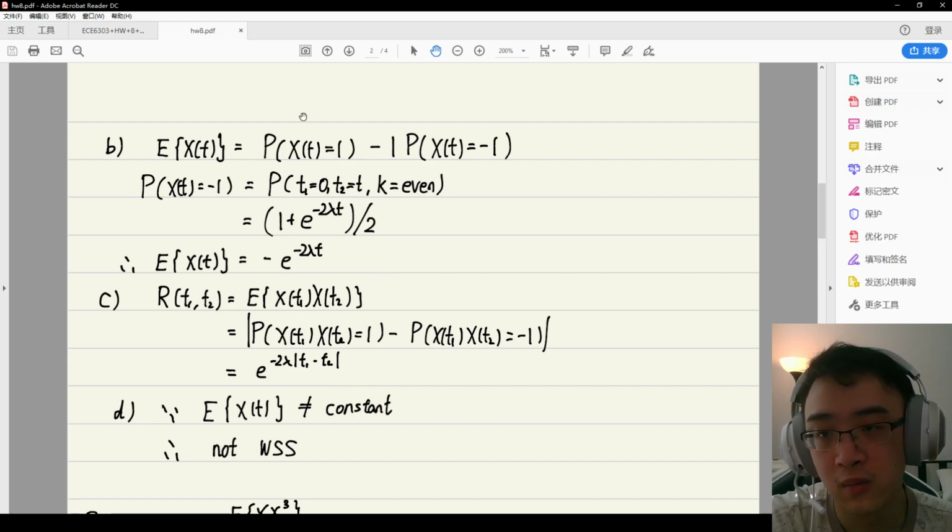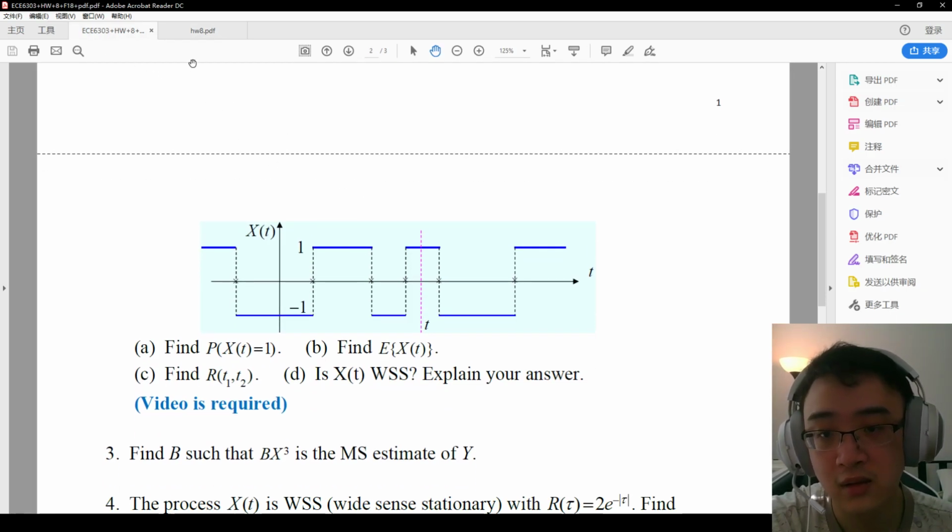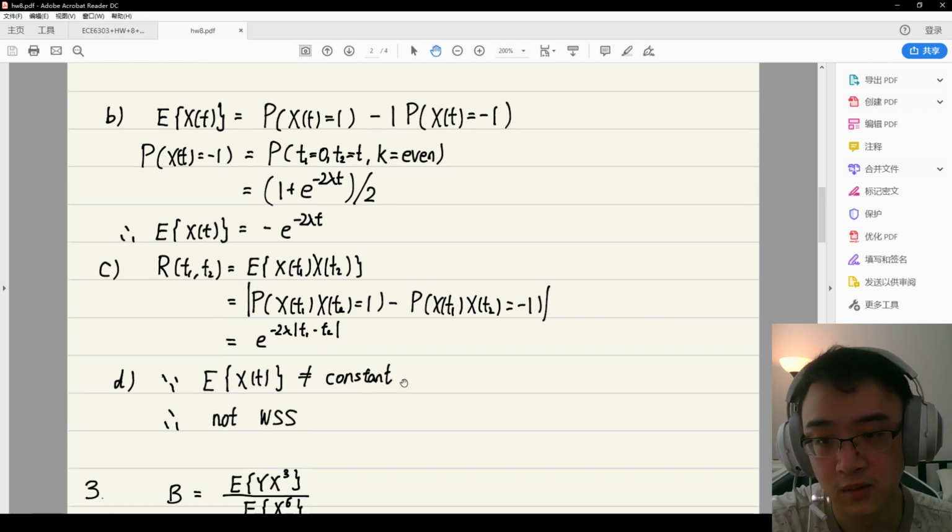And we know problem B said the expected value for X(t) is equal to negative e to the -2 lambda t, which is related to t, so it's not a constant value. So X(t) is not a WSS. So that's it.